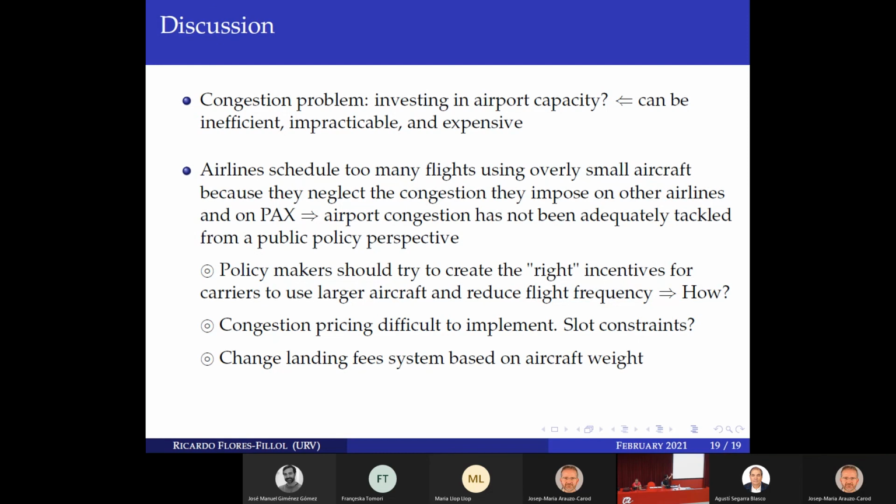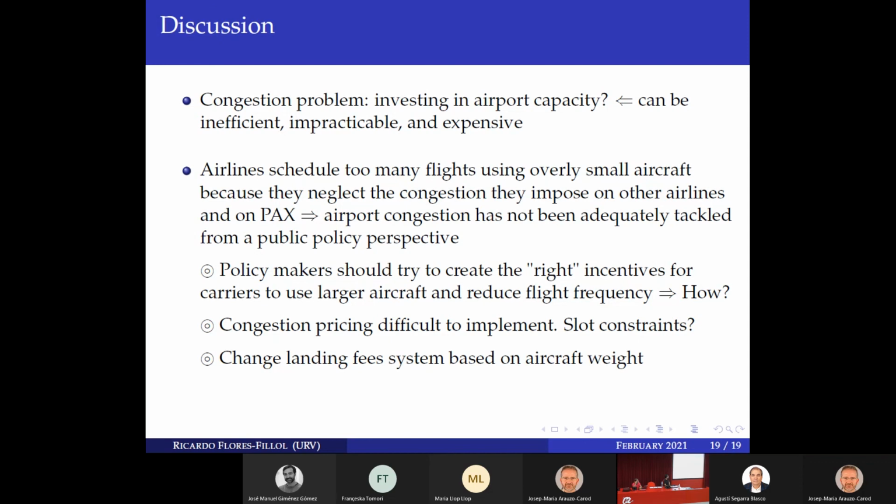So when we have congestion, the analysis you have to do is that you have too much frequency and too small aircraft. You should try to generate incentives for airlines to operate larger aircraft and reduce frequency. That's what you should try to do, either with congestion tolls, which have never been applied in the air transportation industry, or a slot constraint.